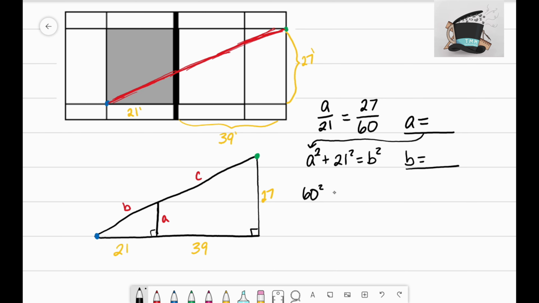We'll have 27 squared as our other side, and it's going to equal the whole hypotenuse squared, which is really B plus C, all squared. So you're solving for that whole length. Once you find that length, you just subtract out your B, and you'll find out what C equals.